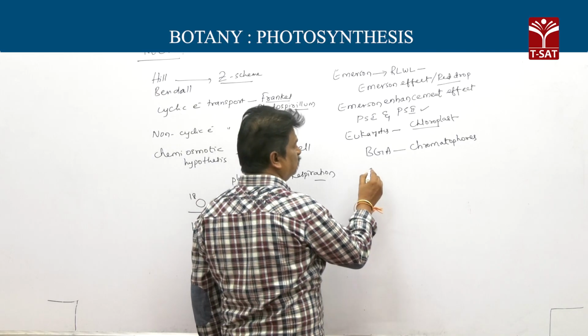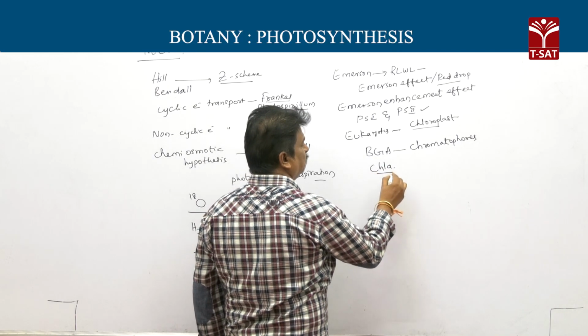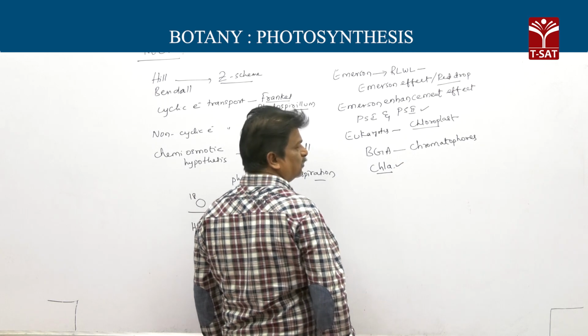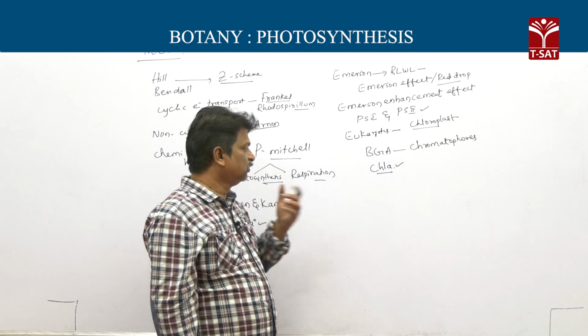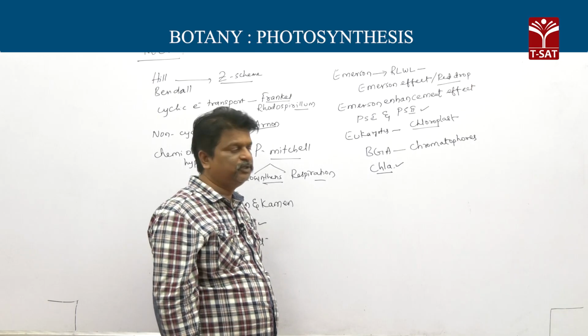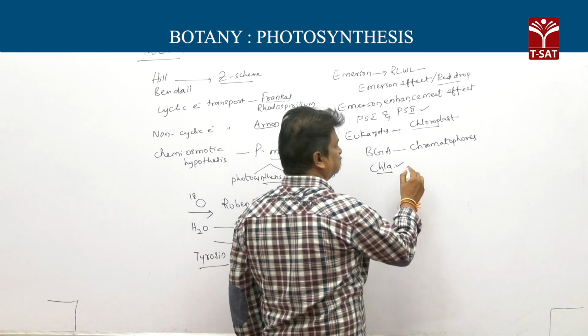Then, in blue-green alga, main photosynthetic pigment is chlorophyll A. It means only chlorophyll A is present, that is B, C, D, E absent.